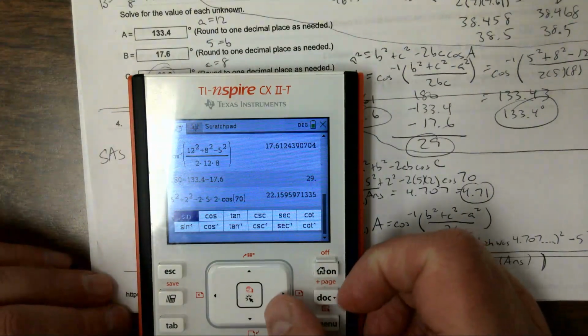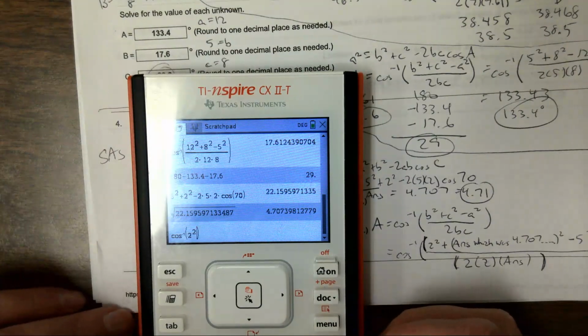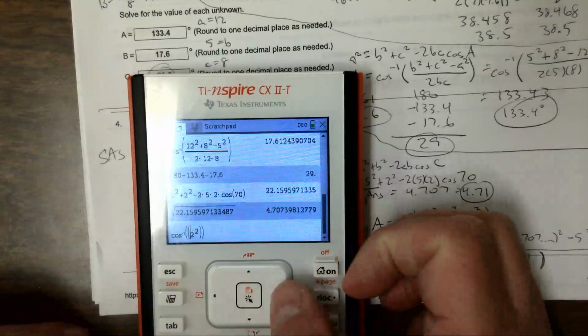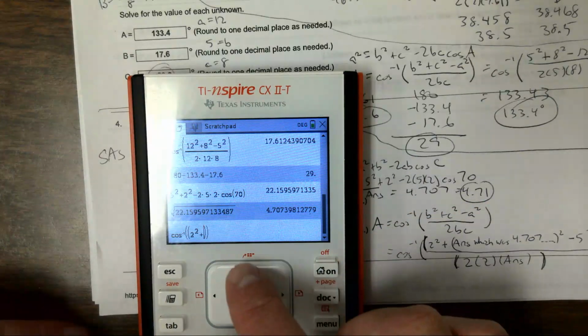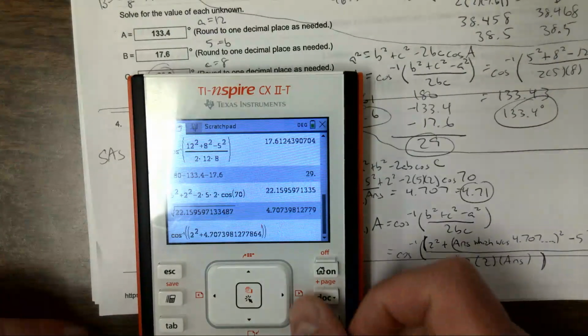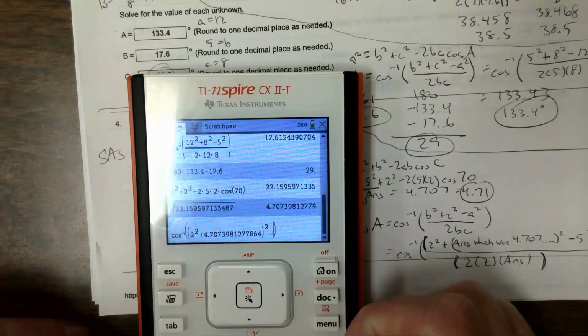Cos negative 1, 2 squared plus, now I need to go to this answer, press enter, and that's going to be squared minus 5 squared.